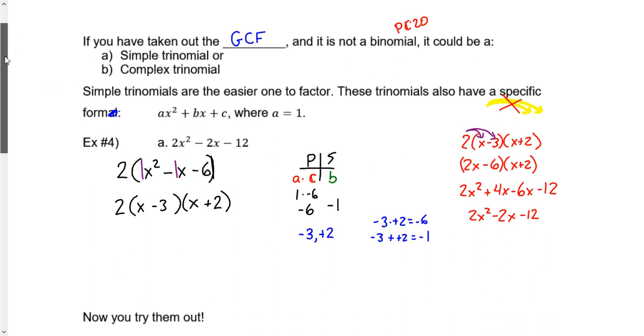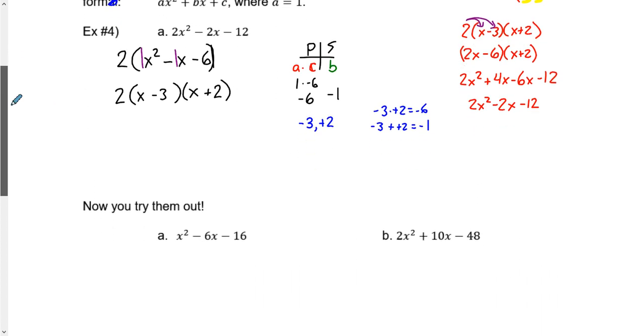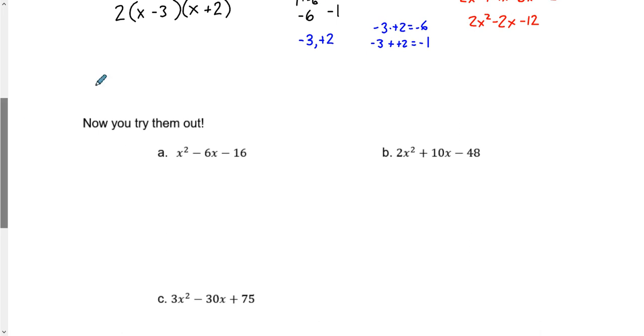So let's make these next ones nice and easy. We have no GCF. All we have to do is product and sum. This is all the work that you need to show. 1 times -16 is -16. Sum of -6.